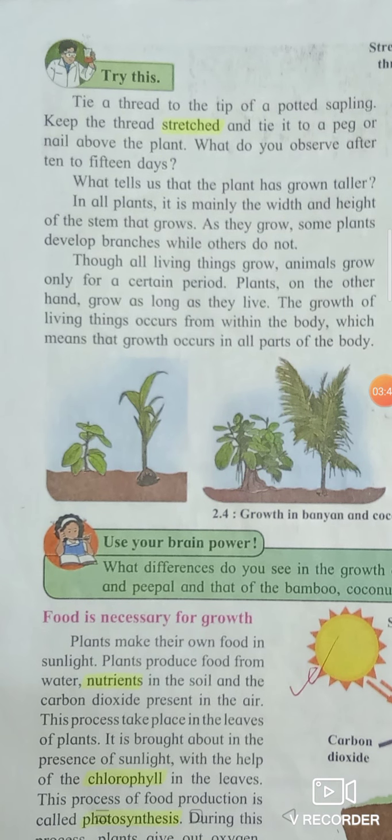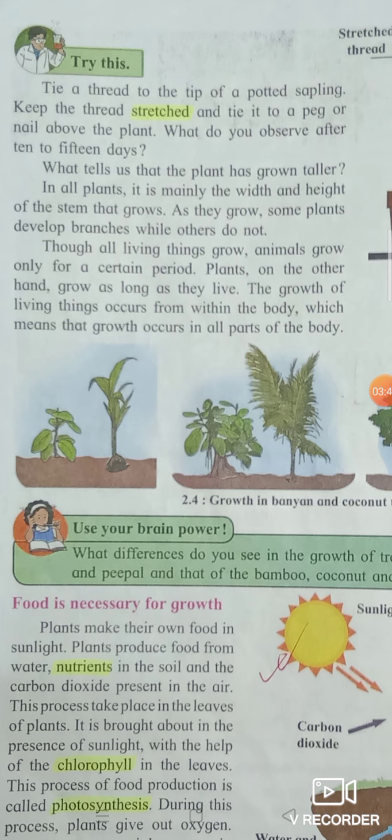Okay, so in the next paragraph we will see, though all living things grow, animals grow only for a certain period, but plants on the other hand grow as long as they live. This is the very important point.